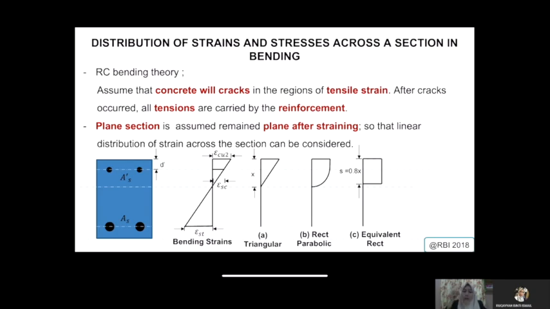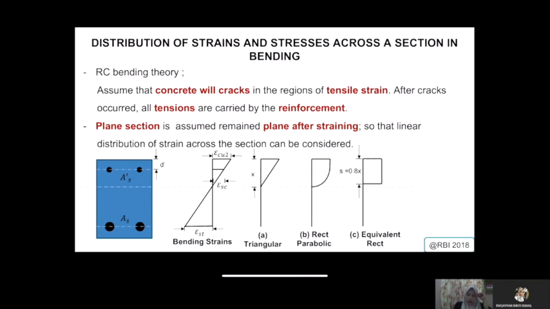In the real behavior of a beam it will not behave like that, because once you press something it will move around. But to simplify our calculation for design, we assume it remains plane, without any skew or angle.